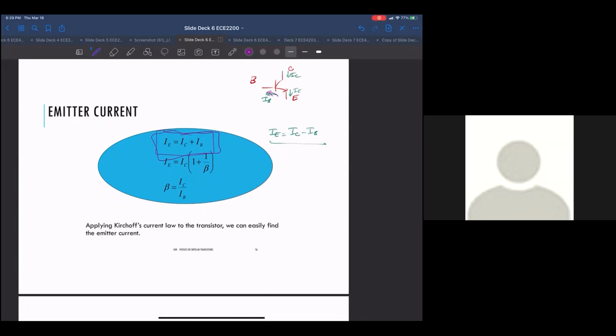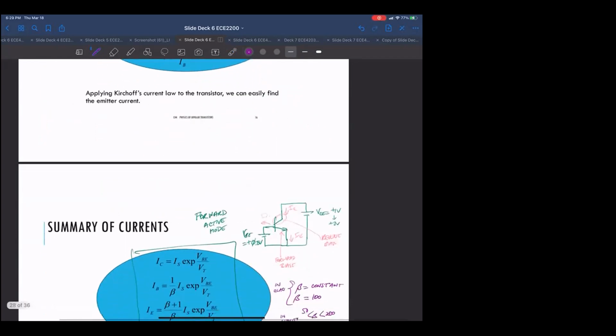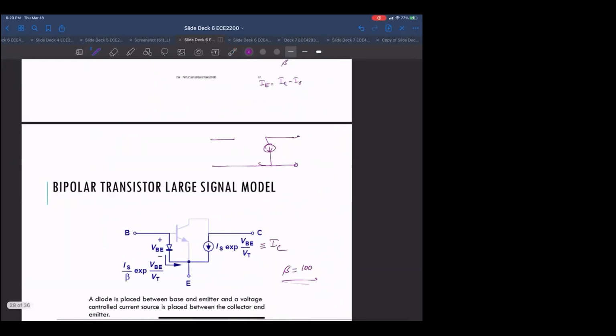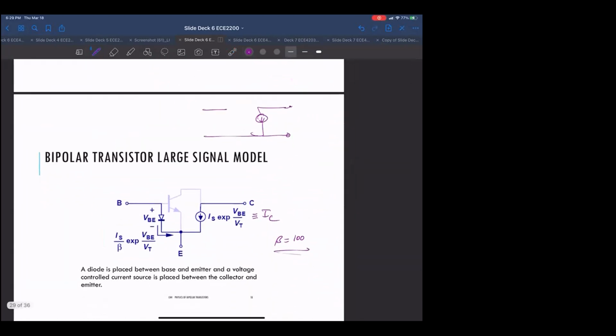Sorry, I was getting too wrapped around the axle with the details. So you can think of the emitter current as just adding these two currents, as defined by these two equations. Thanks for clarifying that. Any other questions, guys?